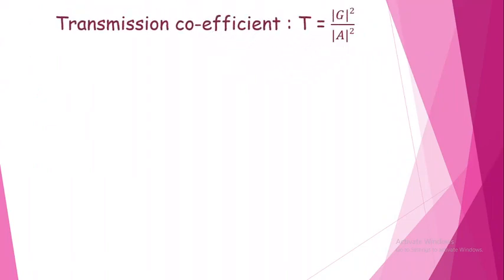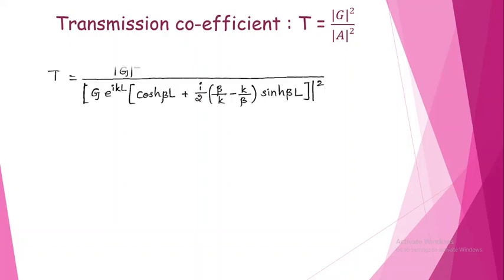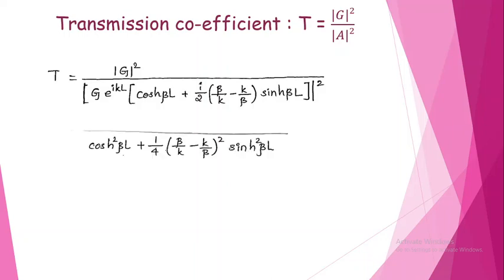It is defined as the ratio of the transmitted probability current density to the incident probability current density. Now just substituting the value, the square of mod G is going to remain as it is, and in place of the denominator we are substituting the value of A. Again G is going to cancel out, and we get the similar denominator which we have already solved.